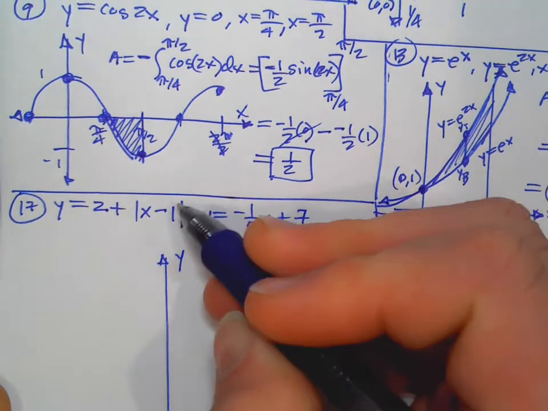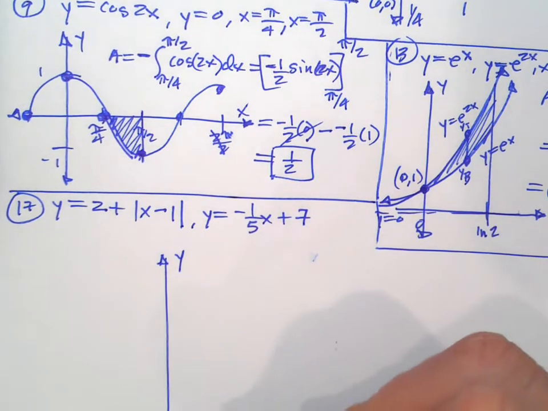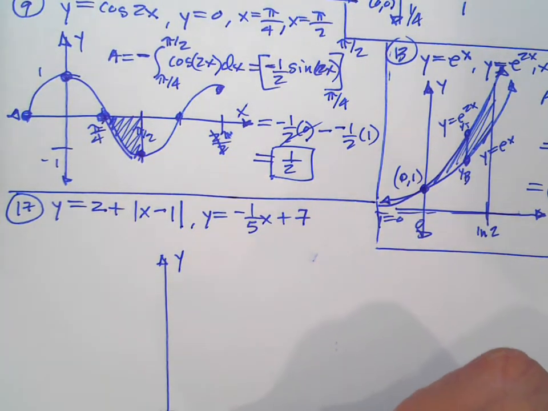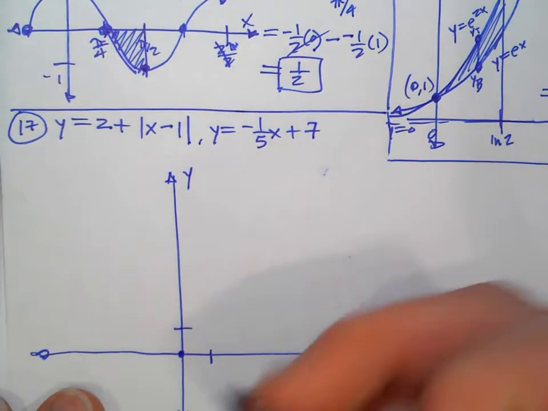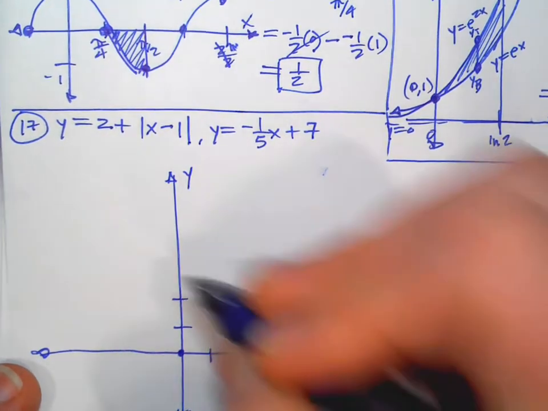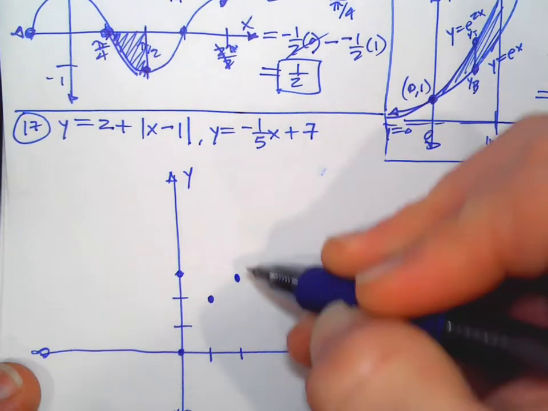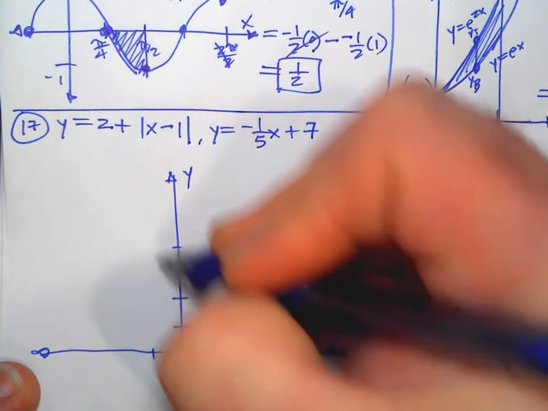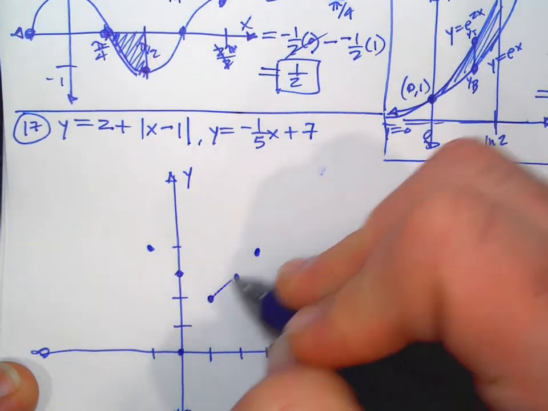So this is a V graph that's been shifted to the right 1. Usually it'd be down here. It's an absolute value graph, but it's been shifted to right 1 and up 2. So this is the new vertex of that graph. And then it goes up 1 over 1 on both sides. So it looks like this.